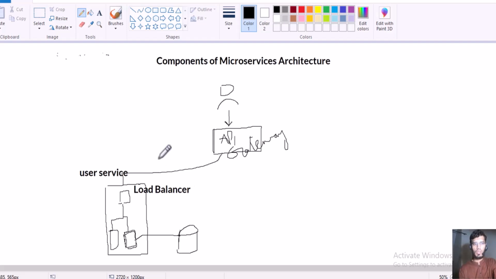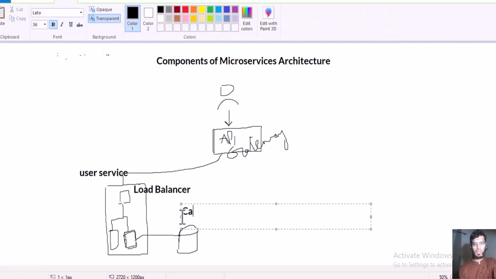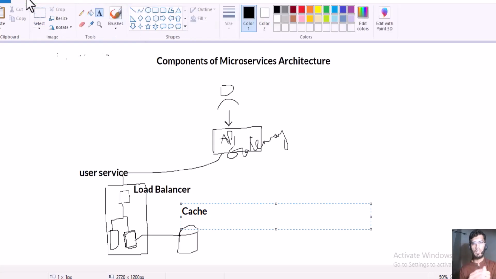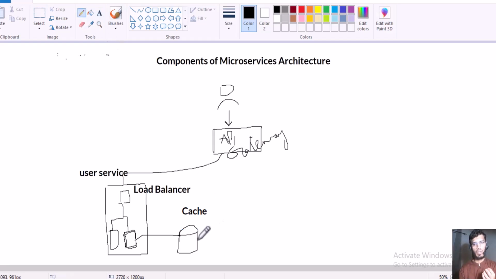So here comes our fourth component, that is known as cache. And it is possible that in the cache that email and password is not present, so there will be a cache miss. So we will now send our request to the database.